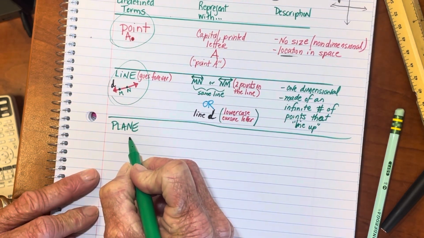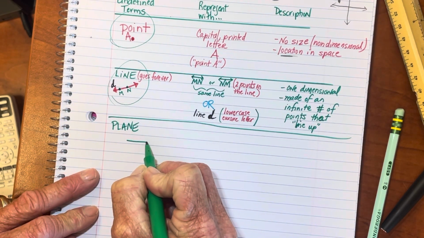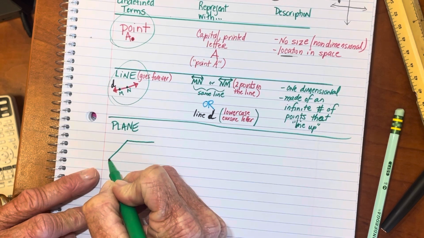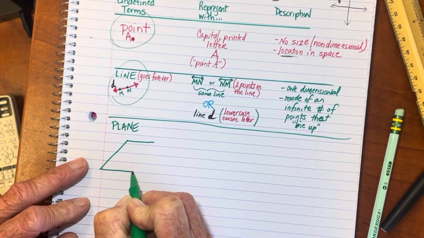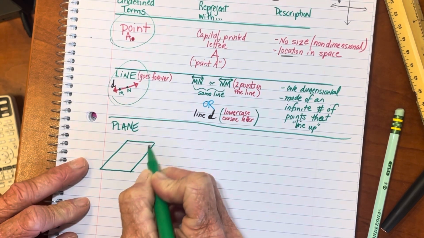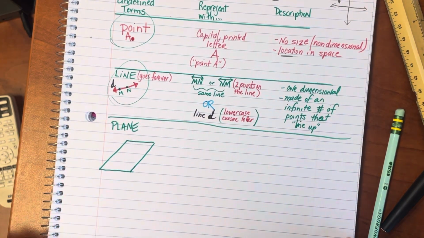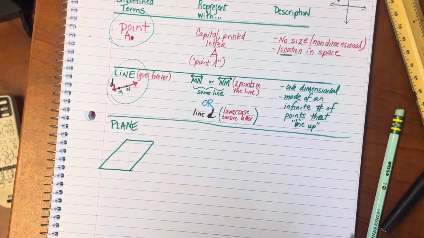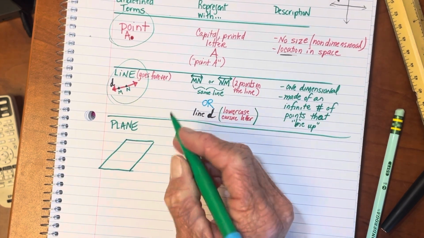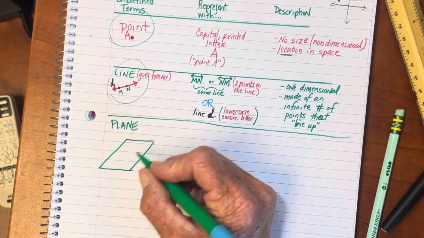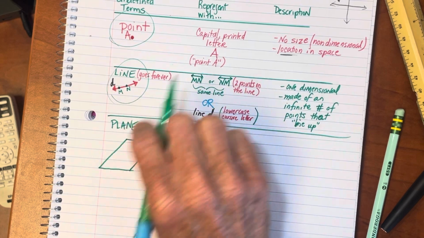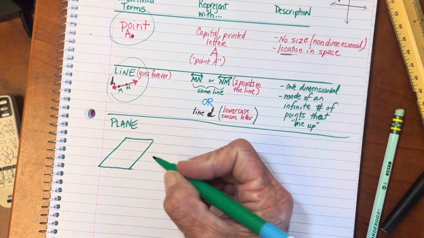And we represent planes in geometry. The shape is actually a parallelogram that we use to represent planes. Kind of rectangular, but length and width, rectangular. We represent a plane like such. And a plane is made up of an infinite number of points and lines, just all passing through this area.